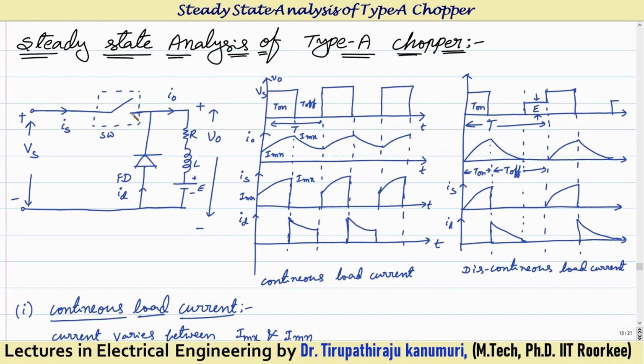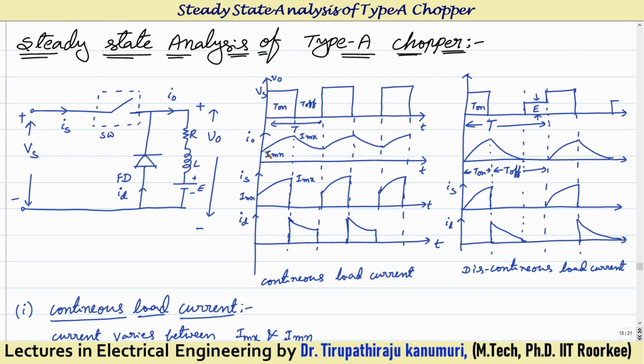Whenever the switch is off, now what happens to the current passing through your load, that I0? Let us take for example that it is initially starting from some minimum value, because we are taking steady state conditions. Initially it may start from 0, and after some cycles it will become steady state. So under steady state conditions, let us assume it is varying between a minimum value and a maximum value.